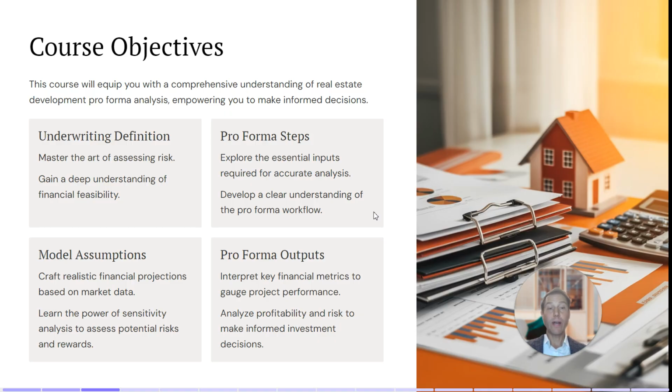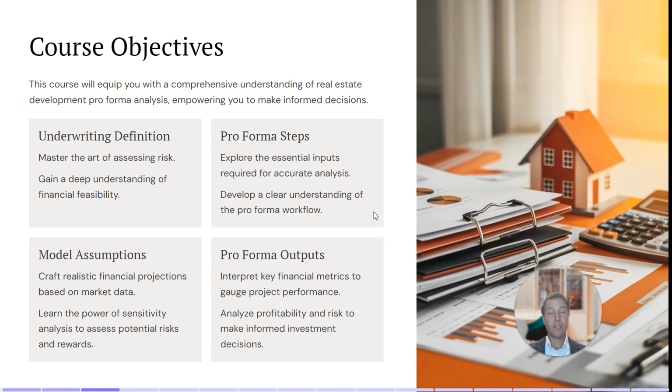What I want you to walk away from this course with is a real understanding of how the model is built. Being able to do this analysis on your own, either for your own development or to be able to work with a larger investment or real estate developer to work on their larger projects.